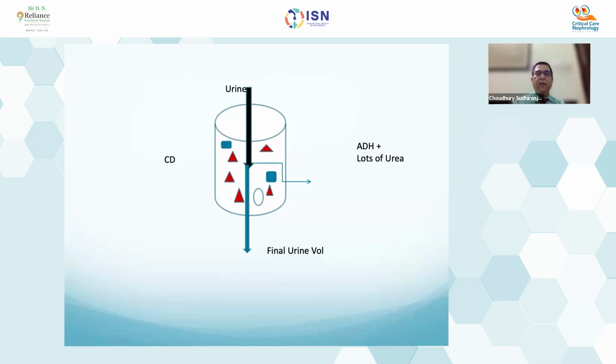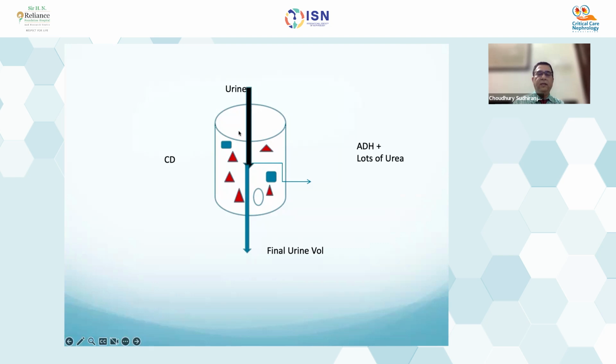Now, the fourth point is the element which is required for electrolyte free water excretion, or the handling, which is the urea level. So urea is an osmotically active substance.